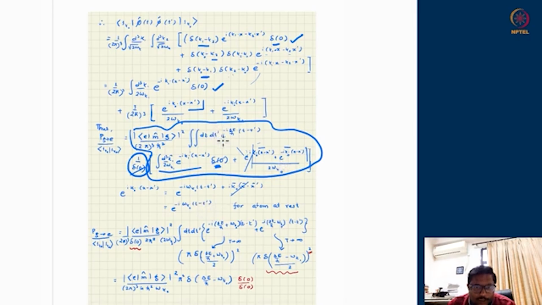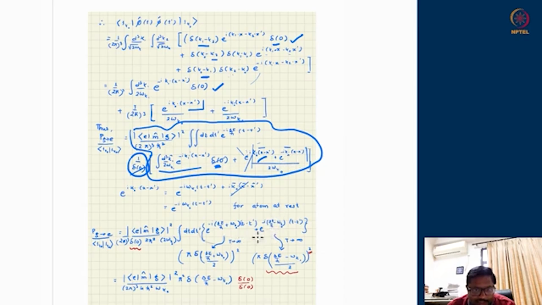And outside there is an exponential, minus iota delta E upon h bar (t minus t prime). So you can just write these two terms and combine these exponentials. The first exponential is e to the power minus iota (delta E upon h bar plus omega k naught) (t minus t prime), coming from the first term, and the second will be e to the power minus iota (delta E upon h bar minus omega k naught) (t minus t prime), this time from the complex conjugate term, which is the second term over here.